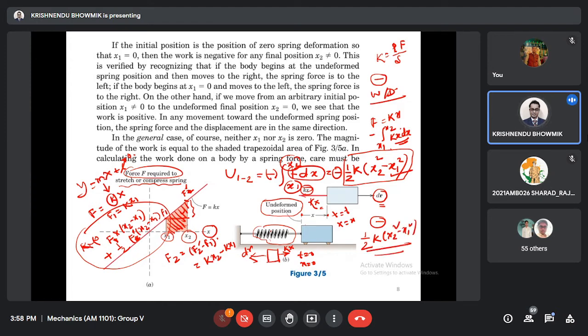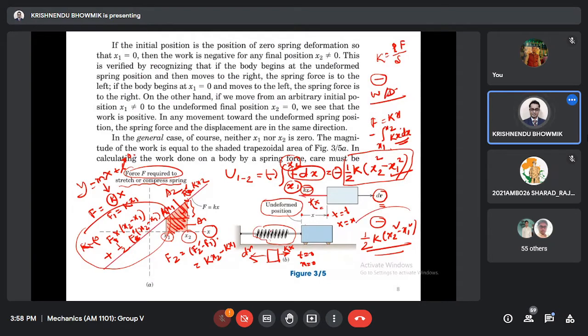One is you have two areas, A1 and A2. Instead of f1 you can write kx1, and this is kx2. Now you can calculate this area: kx1 multiplied by x2 minus x1, plus half x2 minus x1 multiplied by the height, which is kx2 minus kx1.